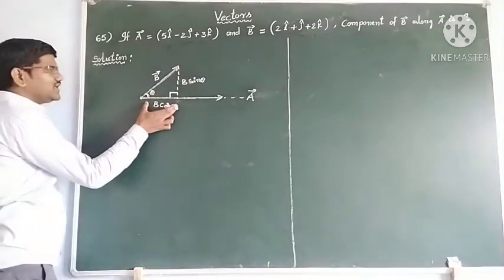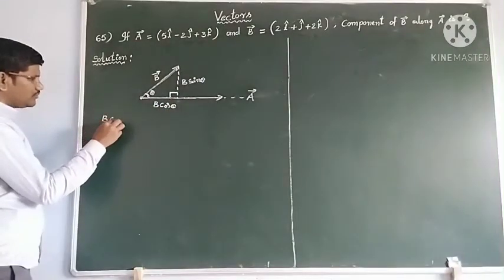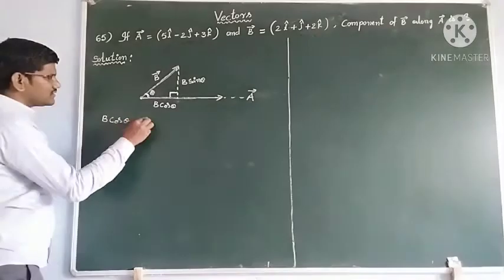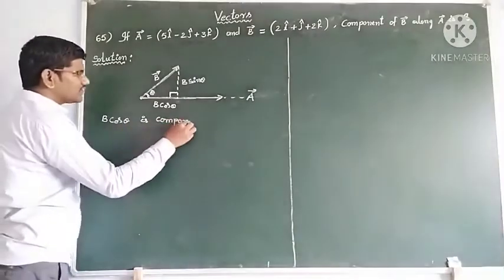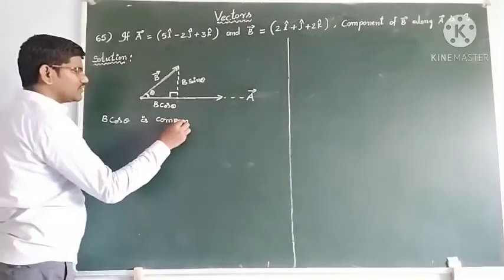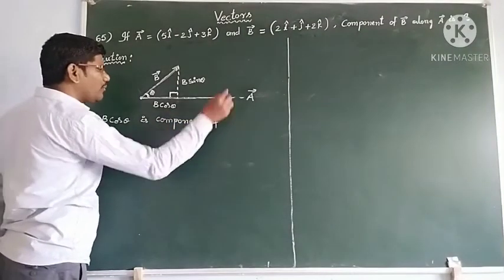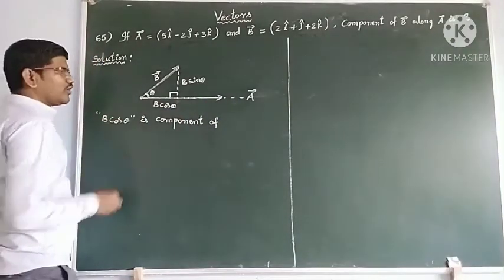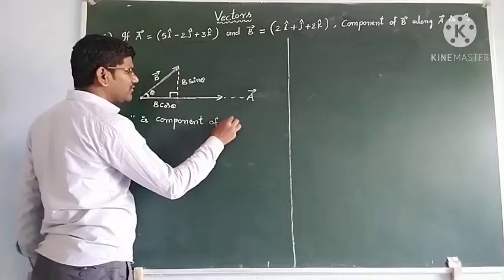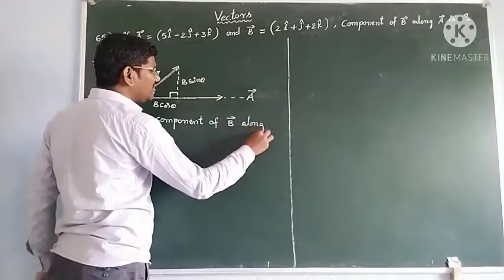Now see here, b cos theta is the component of b bar along a bar.